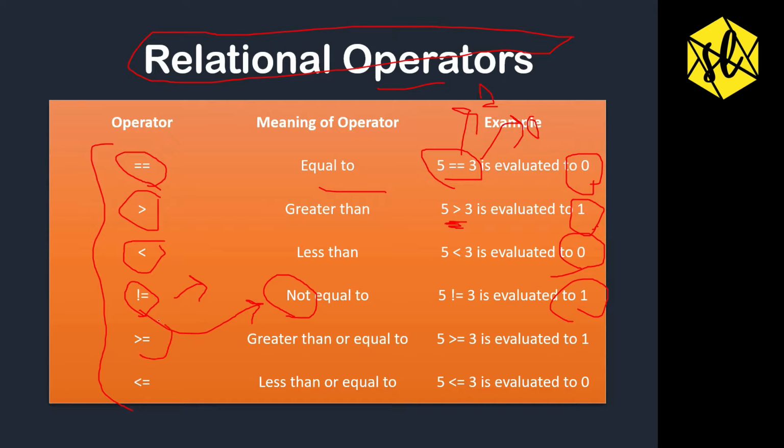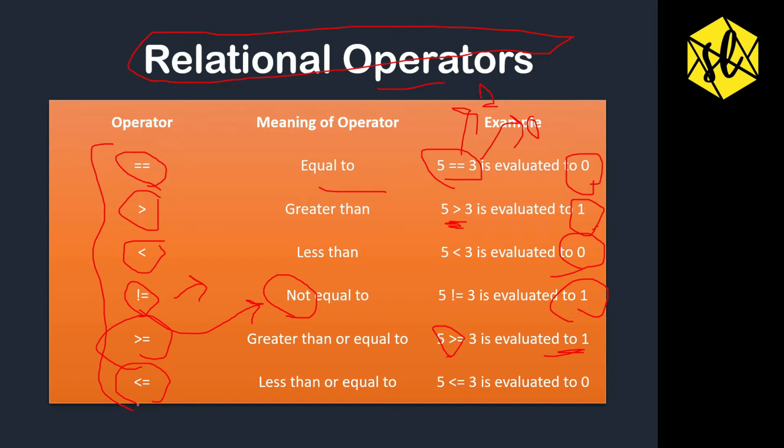Now this symbol means greater than or equal to. It can be both. So here, 5 is greater than or equal to 3. 5 is not equal to 3, we already know that, but it is greater than 3. That is why it is returning 1.